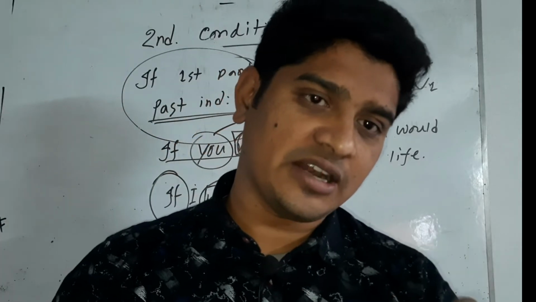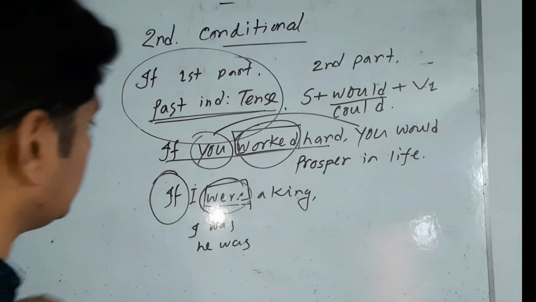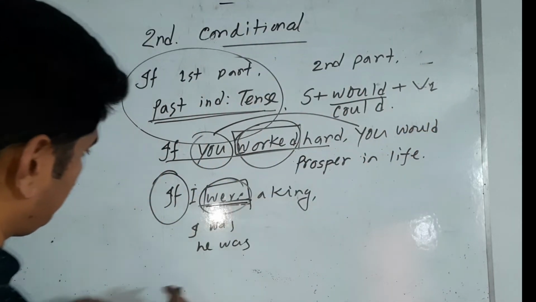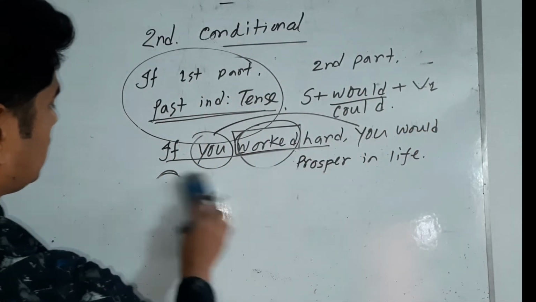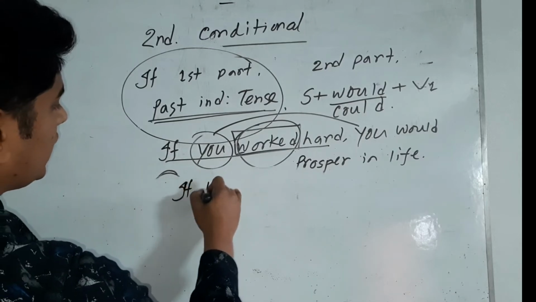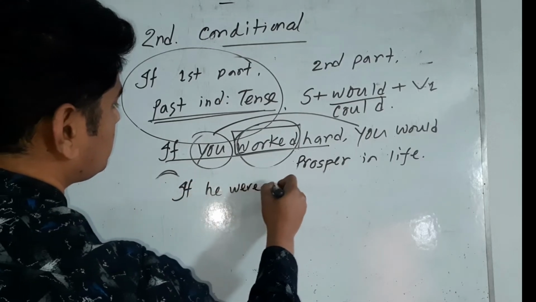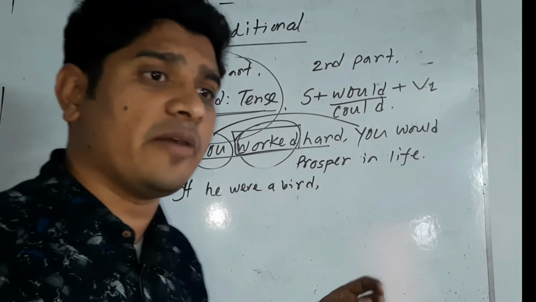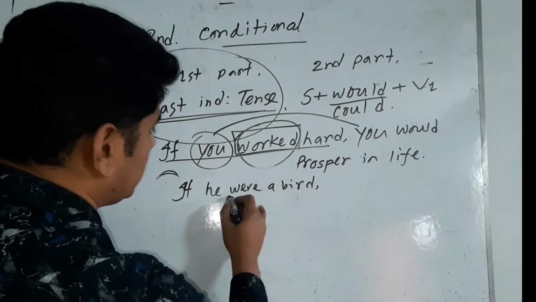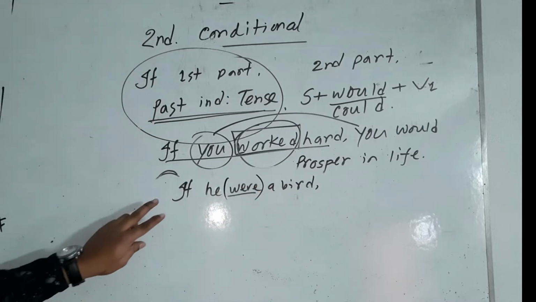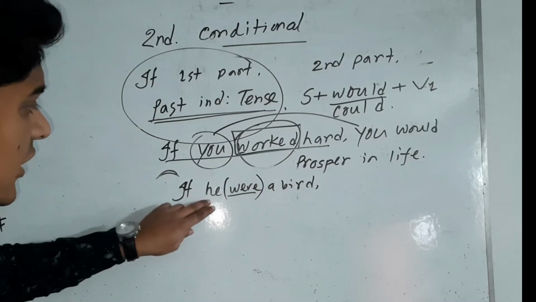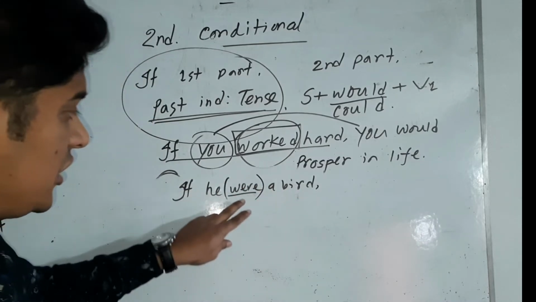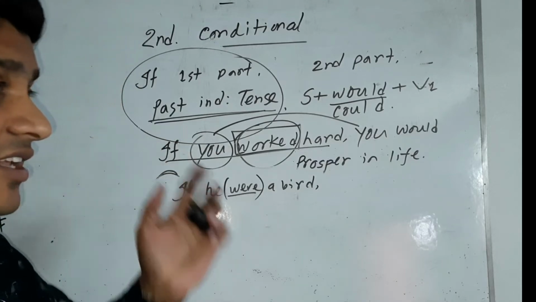You have to understand clearly that if there is were, if he were a bird. In many university examinations, you are given this rule. There is a gap and you have to fill it: if he dash a bird, you have to use were.